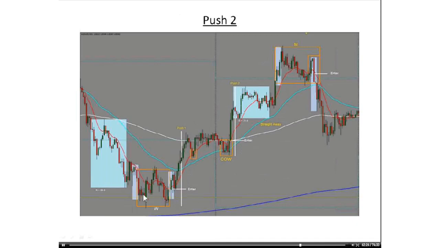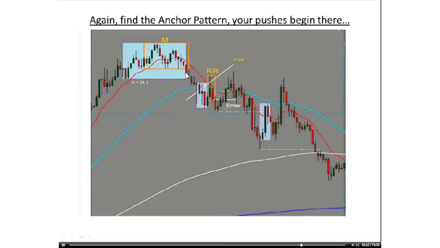I like my M's and W's, my anchor, to be below or above the moving average. I don't try to take the moves inside the moving averages. And actually the reason is right here. It's kind of clear. You see how price moves away from it, bounces, and then moves away from it? It's cool. Why? There's a nice distance between the moving averages. That's why you can trade that.